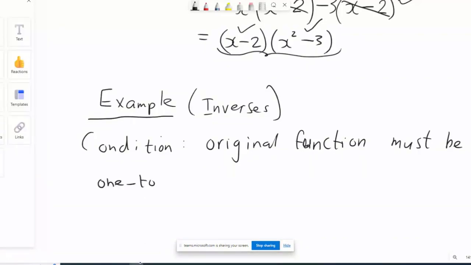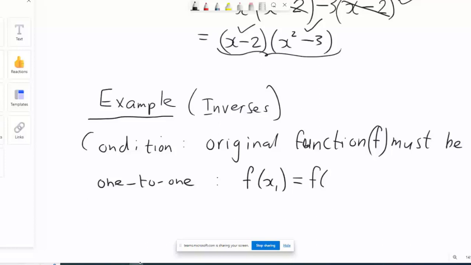Yes, I can. Good. So the condition is that for the inverse of the original function to exist, the original function must be one-to-one. Okay? Remember? Let's call the function f, and look at a quick example. One-to-one function means f of x1 equal to f of x2 implies that x1 is equal to x2.